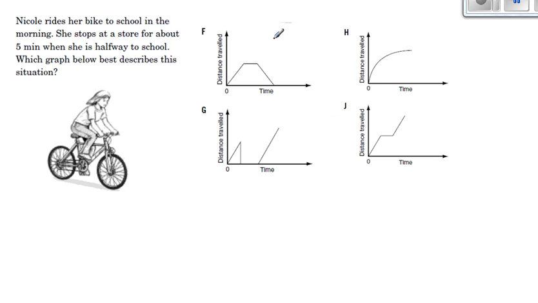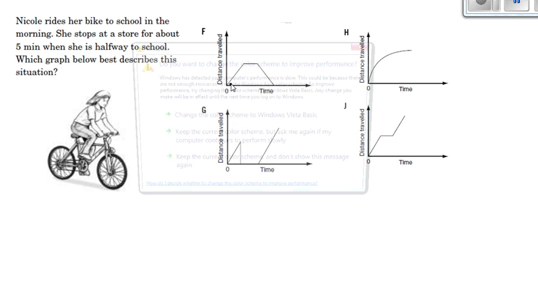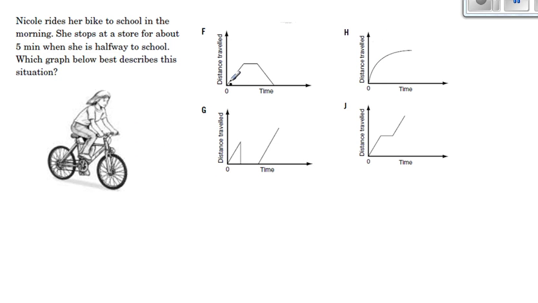Nicole rides her bike to school in the morning. She stops at a store for about 5 minutes when she is halfway to school. Which graph below best describes this situation? So here, for example, Nicole is riding to school, stopping at the store, but then this would mean she rode back home.